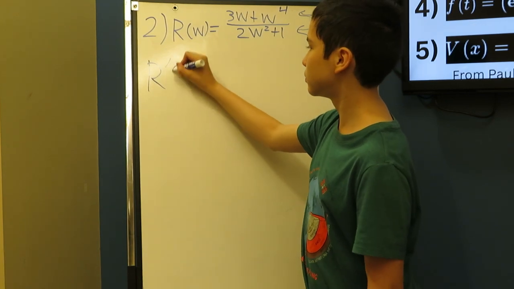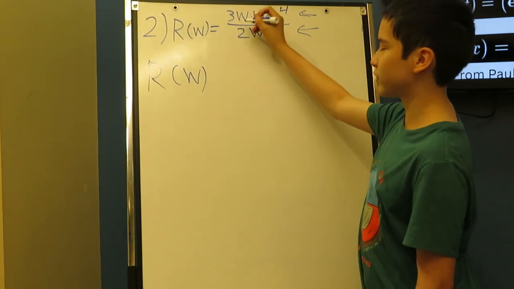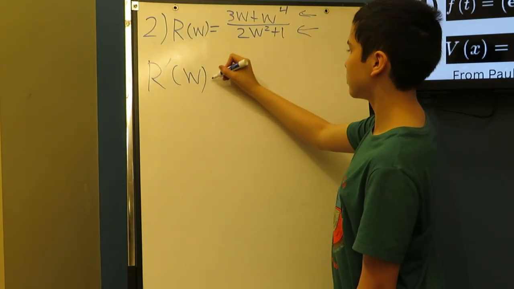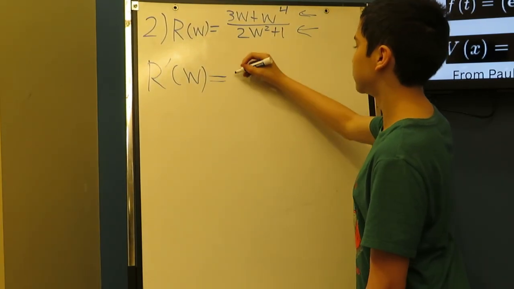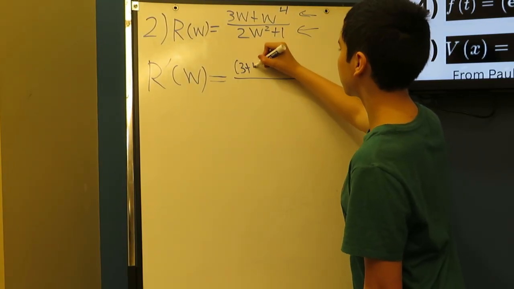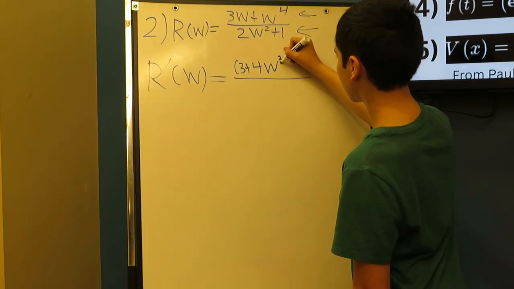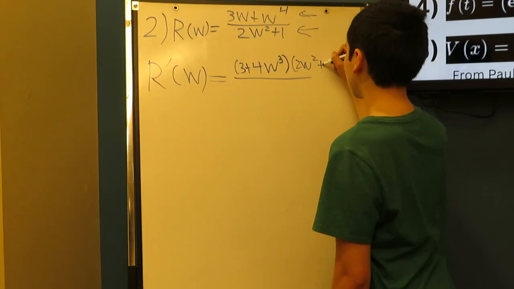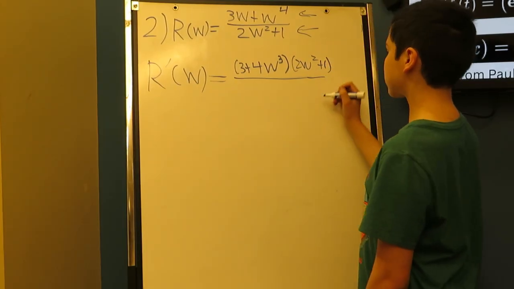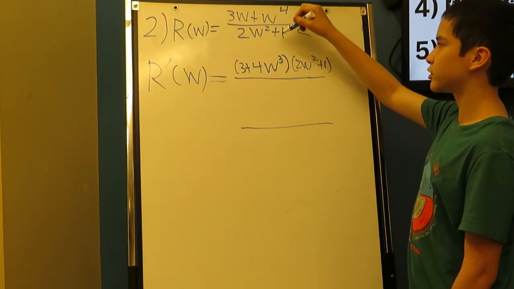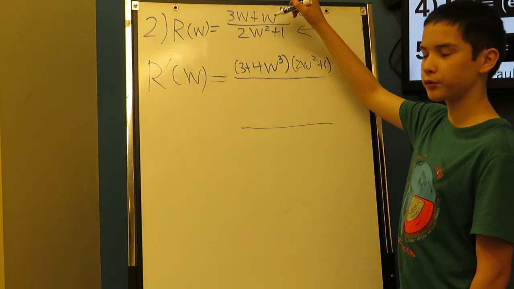Using the quotient rule, we first take the derivative of the top term times the original second term. And then we take the derivative of the second term times the original first term.